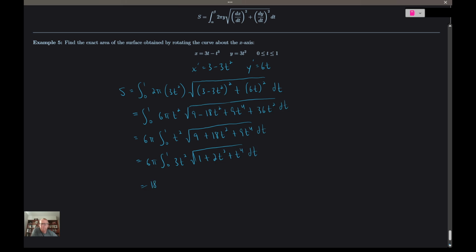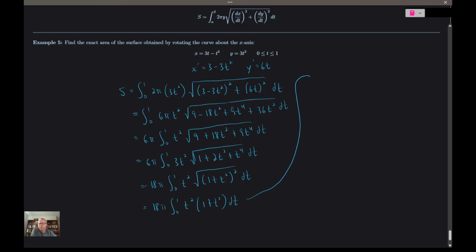So that'll give us 18 pi out here, 0 to 1, t squared, square root of (1 plus t squared) squared dt. Of course, the square and the square root will cancel. So that gives us 18 pi, 0 to 1, t squared times 1 plus t squared dt.